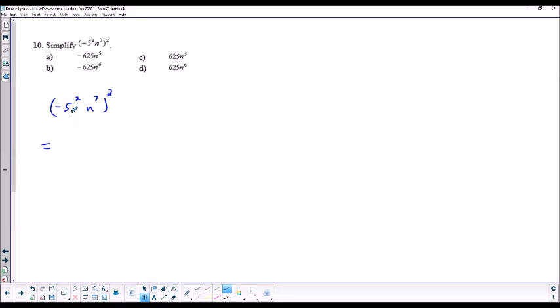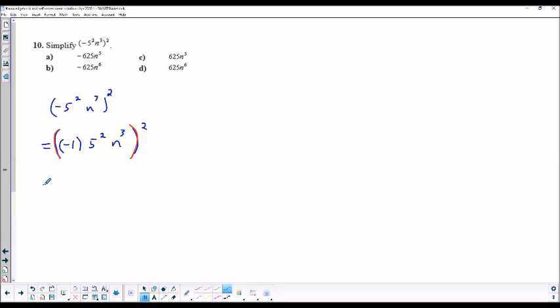That -5, that negative is not part of the squared in that first coefficient. So basically, this is -1 multiplied by 5 squared, multiplied by n cubed, all squared. And maybe I'll put those round brackets around in red just to show that.